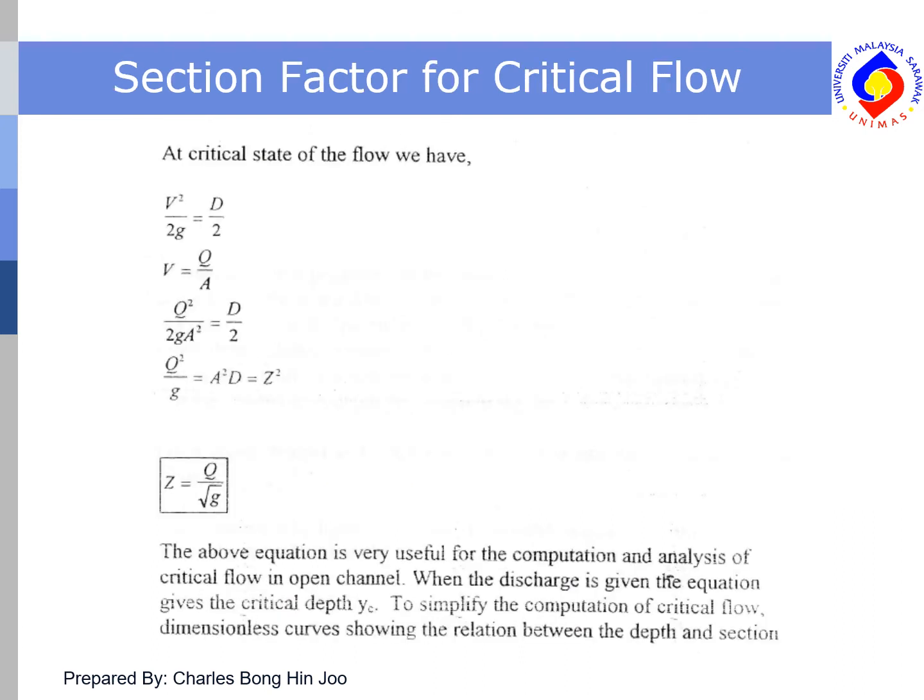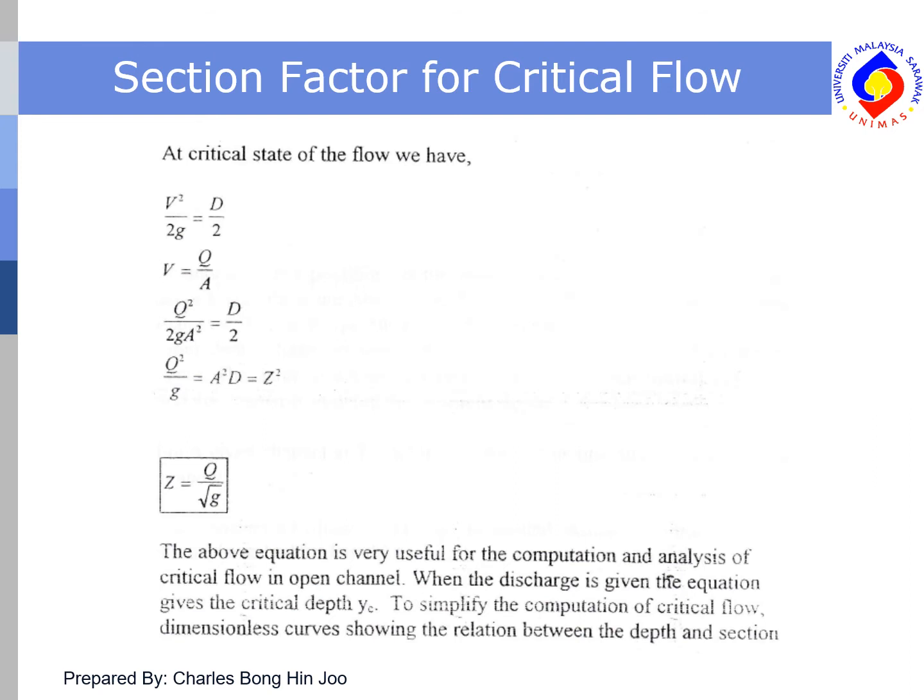Just now, for the curve to find the critical depth, we have the expression of Z divided by b to the power of 2.5. To find that Z value, it is actually equal to Q, which is the discharge, divided by the square root of g, which is the gravity.